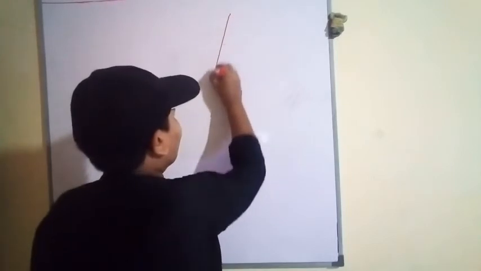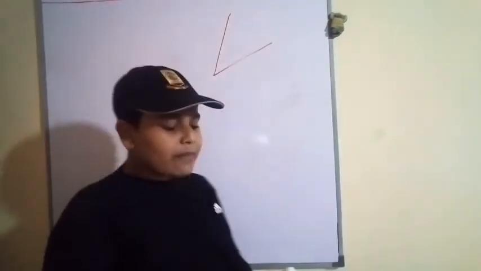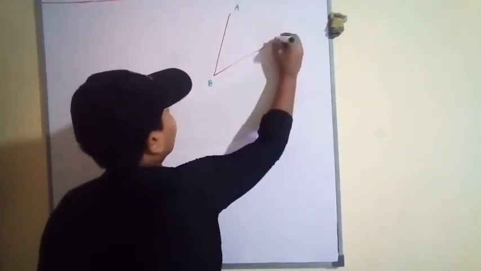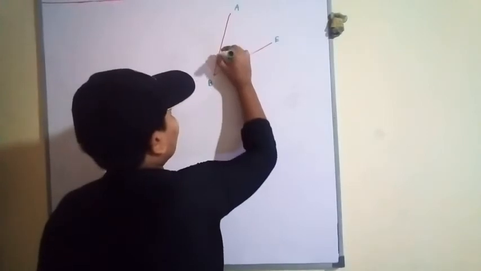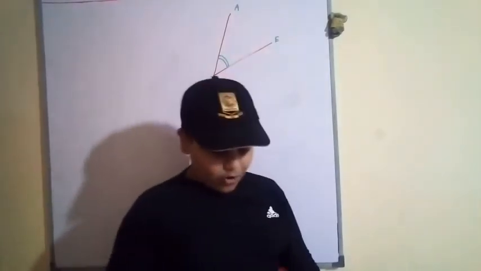Now this is the naming angles. Now you get an angle like this. Now you can name this as A, B, E. Now they have an angle.